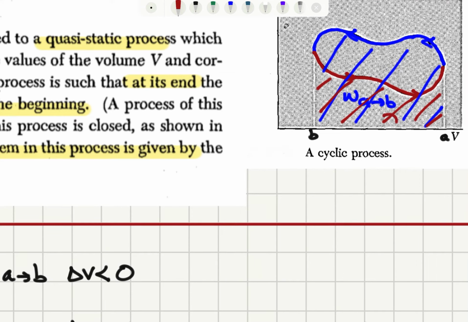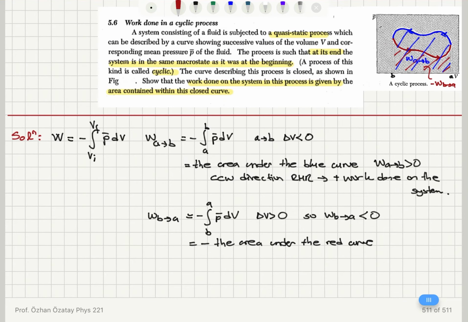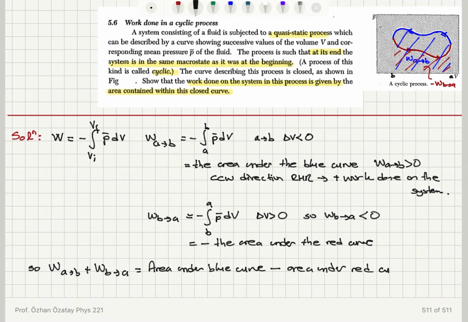So minus W B to A gives us the area under the red curve. Therefore I find that the total work done from A to B plus work done from B to A is the area under the blue curve minus the area under the red curve.